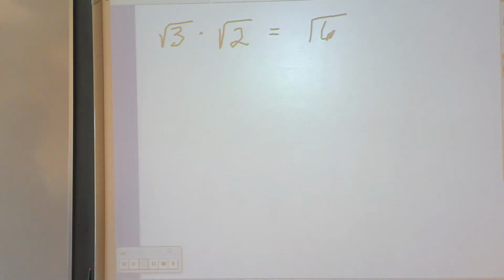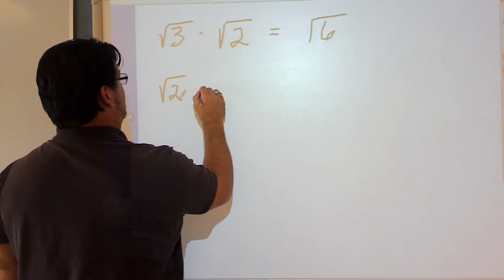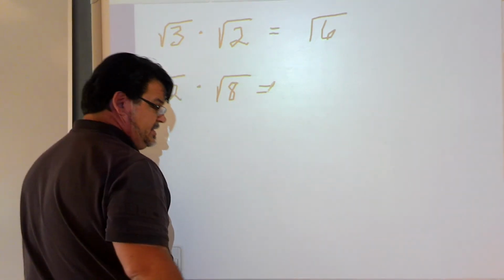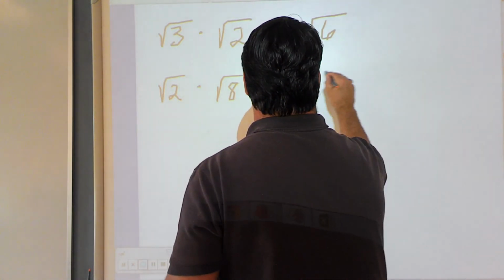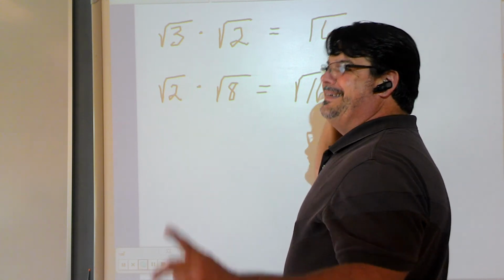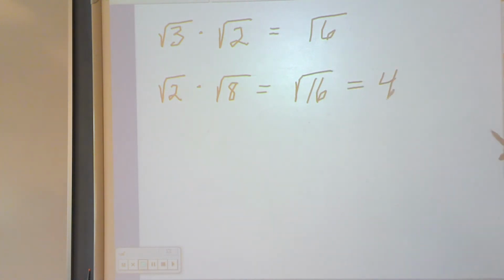Let me give you an example. Square root of 2 times the square root of 8. What's that? Square root of 16, and then you're not through. There you go. All right, so we need to highlight this one.